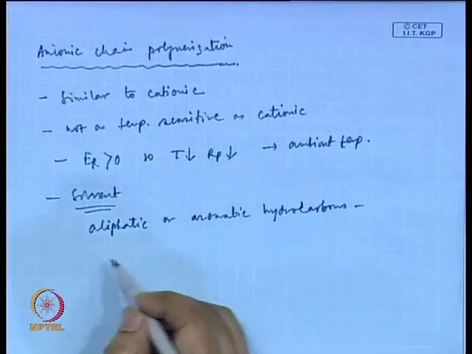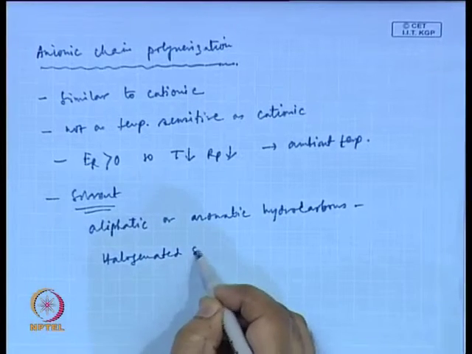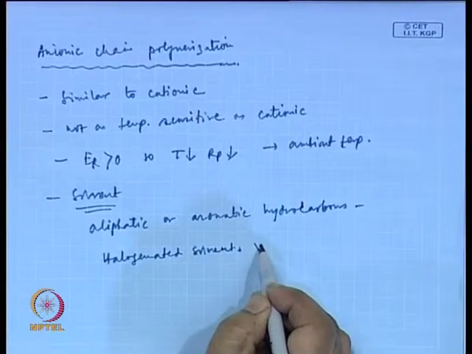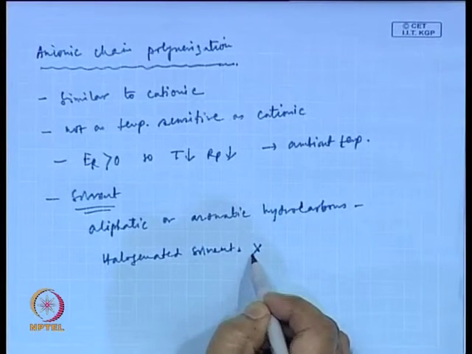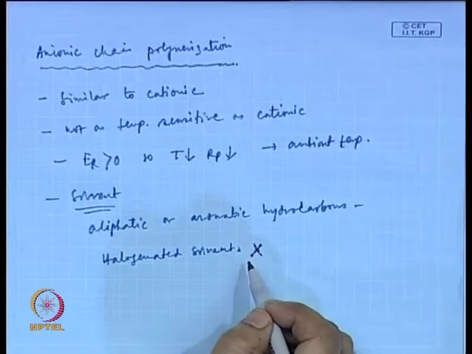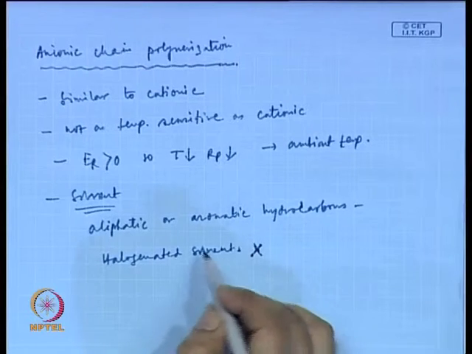You cannot use halogenated solvents, which were suitable for cationic polymerization, because there are facile nucleophilic substitution reactions with the carbanions.